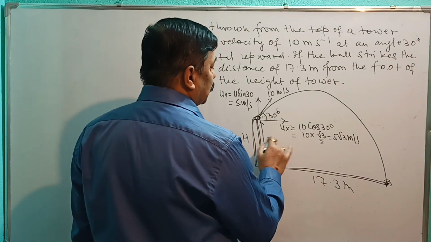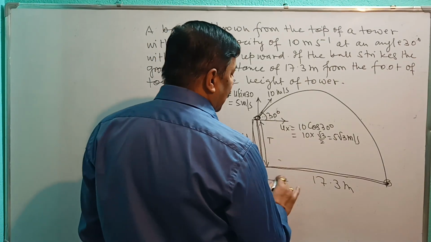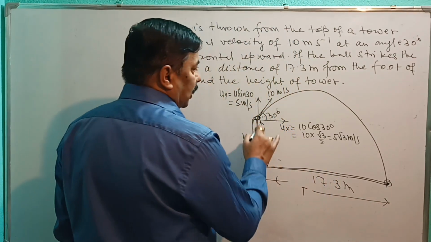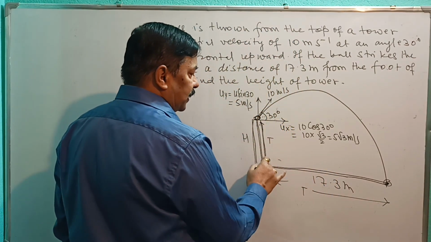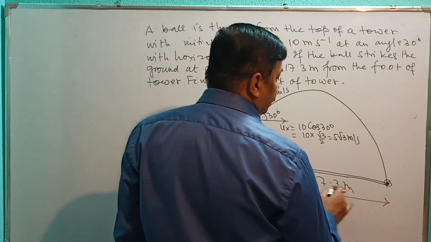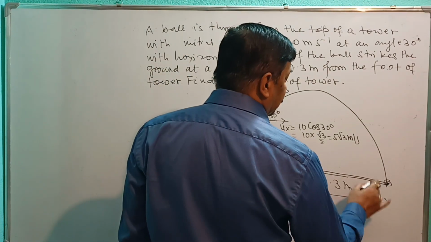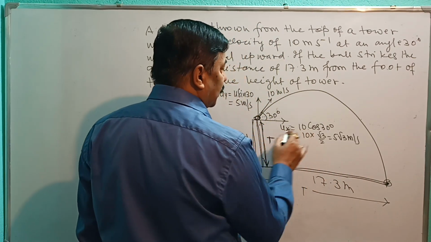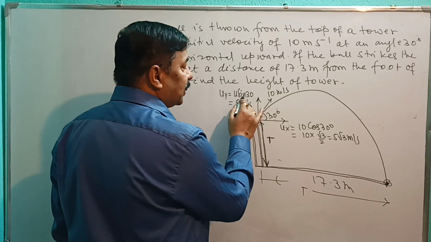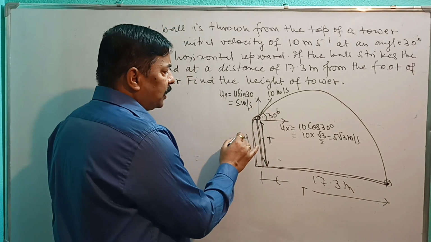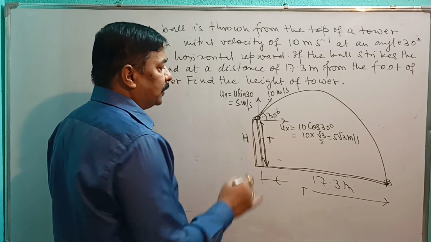This time is also t and this time is also t. This vertical distance it has covered in time t and this horizontal distance it has covered in time t. Now this is your height.